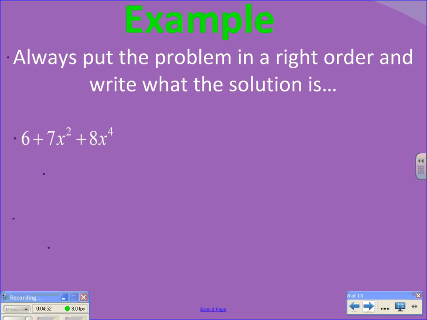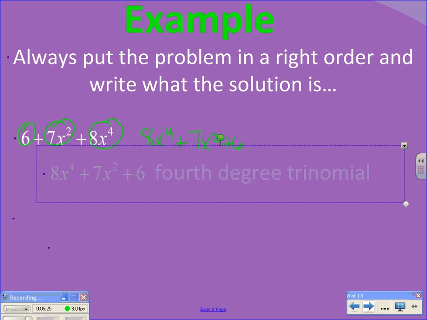So let's first find the greatest exponent on the variable, which is x to the 4th. So that one goes first. Now find the next greatest exponent, which is 7x squared. And the last one without a variable is 6. Which is a 4th-degree trinomial.